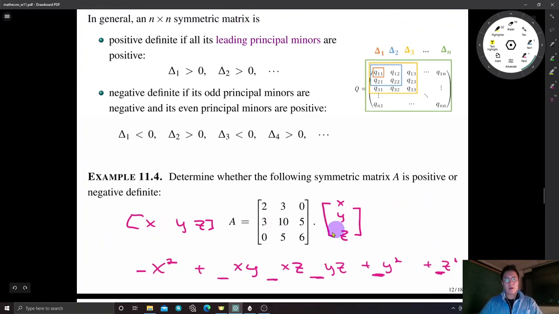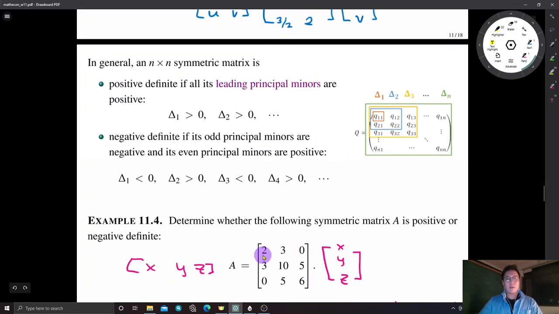So how do you know whether this quadratic form takes a positive value or negative value, no matter what x, y, z? Okay? So the way to figure it out is, in the case of n by n, if all leading principal minors are positive, then the symmetric matrix is positive definite.